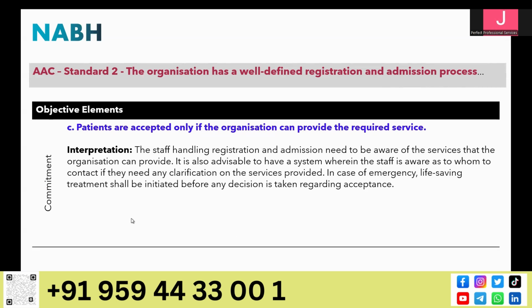So the staff handling registration and admission needs to be aware of the services that the organization can provide. It is also advisable to have a system wherein the staff is aware as to whom to contact if they need any clarification on the services provided. In case of emergency, life-saving treatment shall be initiated before any decision is taken regarding the acceptance.